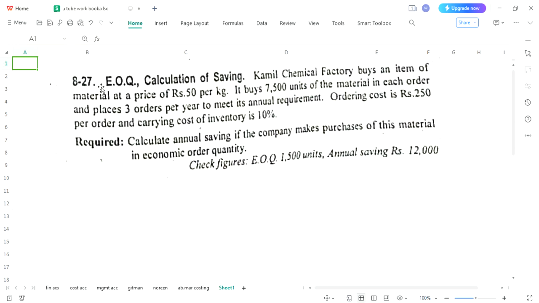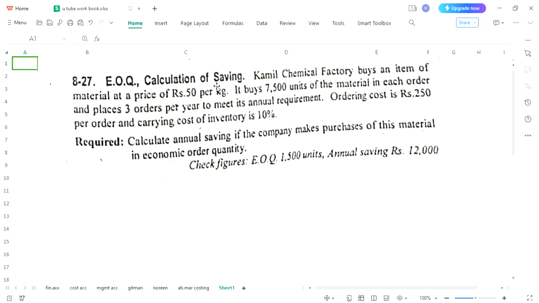The solution for this problem is very easy, very straightforward. We will calculate EOQ, or economic order quantity, to get the number of units by ordering which we can get the maximum level of cost saving. You can see that a second part is also present over here, and saving is mentioned.